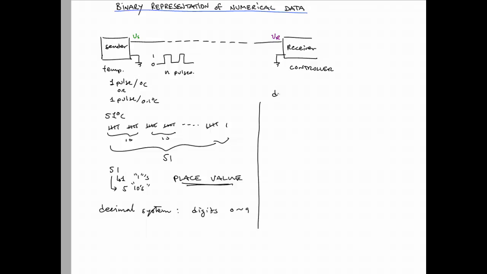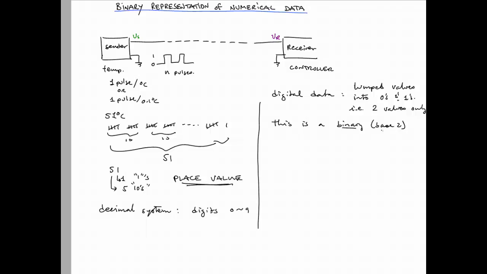For digital data, we have lumped values into zeros and ones, i.e. just 2 values. And that is not a decimal system where there's 10 digits. This is a binary or base 2 number system.